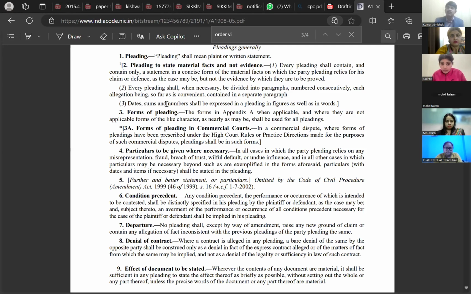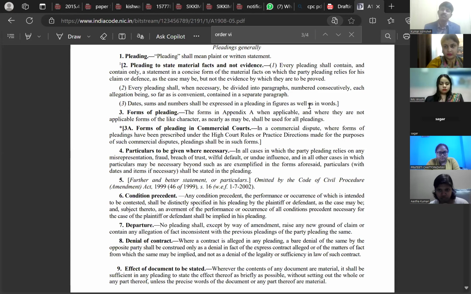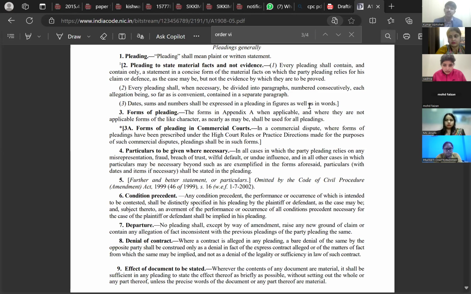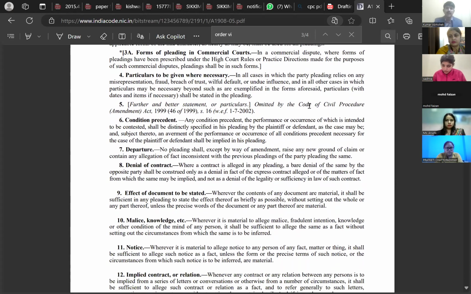Then dates, sums and numbers shall be expressed in a pleading in figures as well as in words. There are certain other rules which govern drafting, that numbers above 100 can be written in numbers only. But it's always better if you write the numbers, the dates, and the sums both in figures as well as in words. Then we'll move to the other parts.